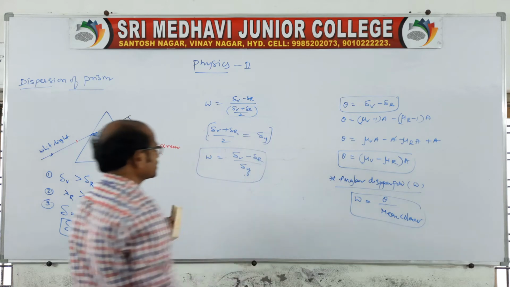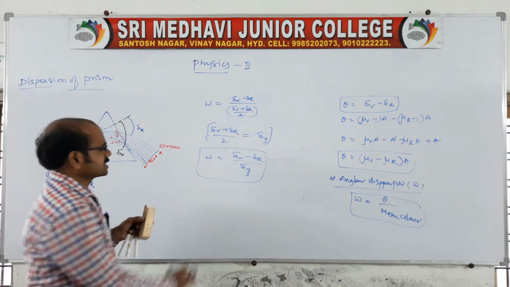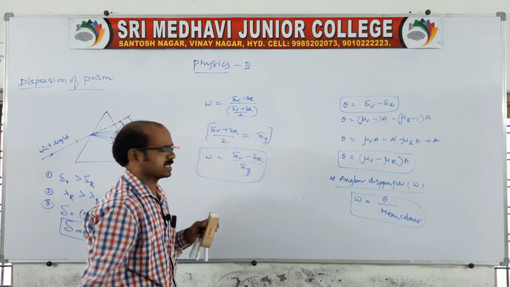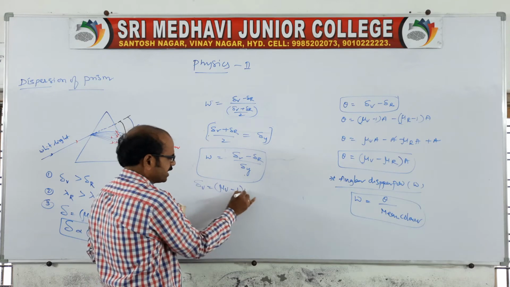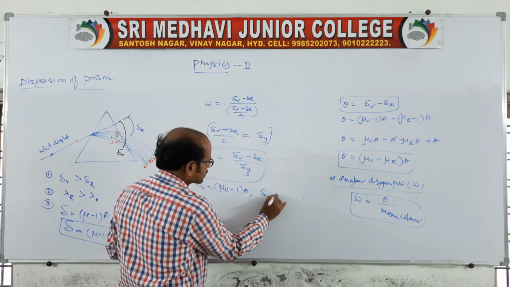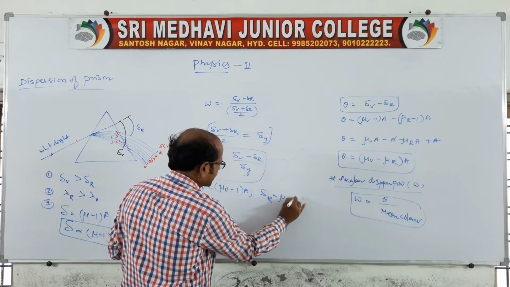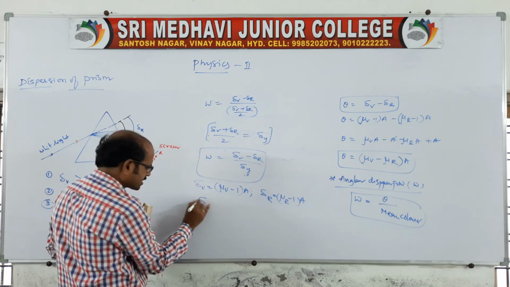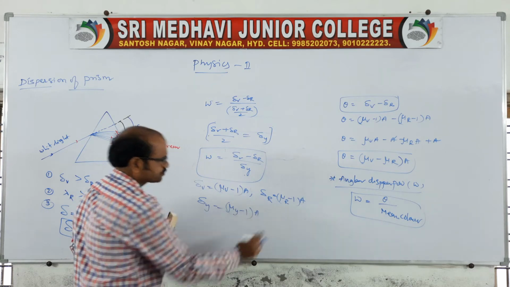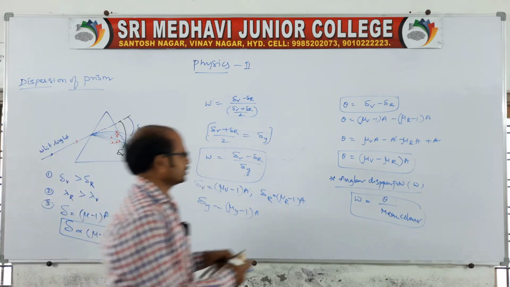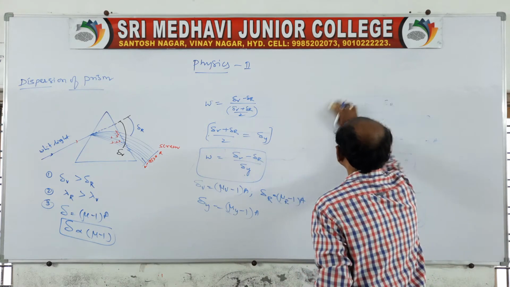So this is about the dispersive power of any two extreme colors. Delta V is nothing but, of course we know, mu V minus 1 into A, delta R is mu R minus 1 into A, and delta Y is mu Y, yellow, minus 1 into A. If you substitute these values, you get another expression for angular dispersive power.